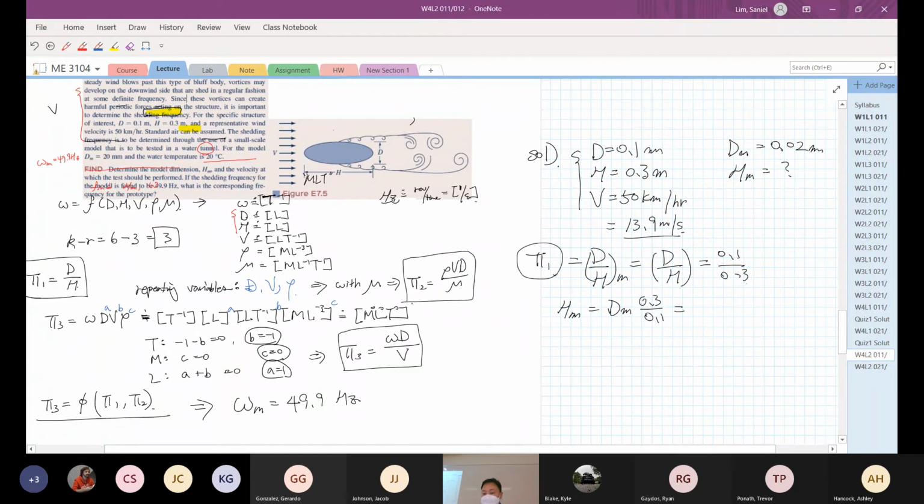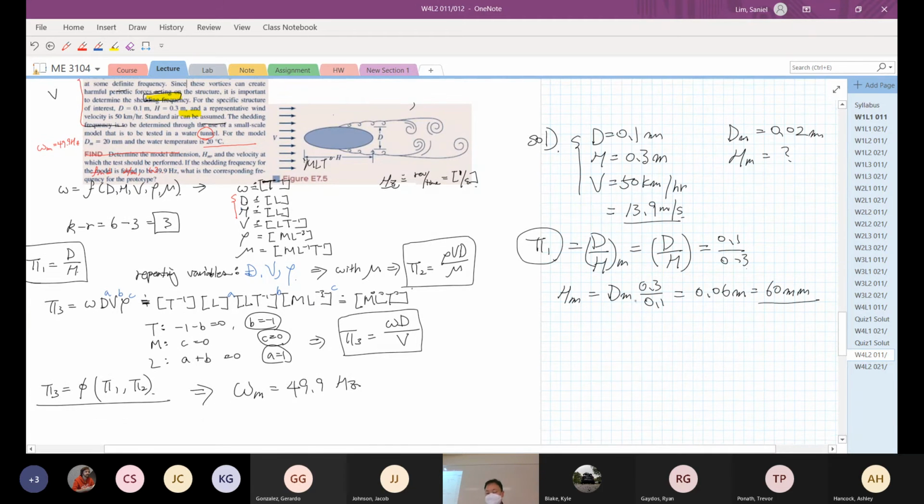Then dm is given as 0.02, so we can find it's 0.06 meter, same as 60 millimeter. Okay, so this was the geometric similarity. We can simply find the geometric similarity from the first pi term.